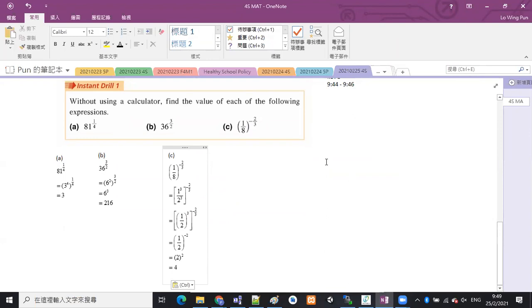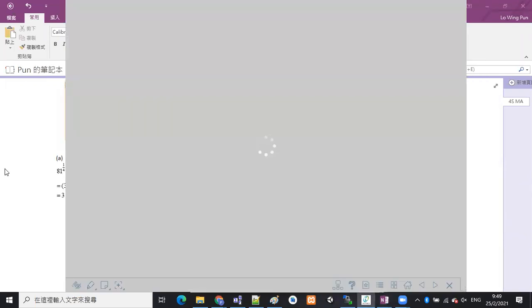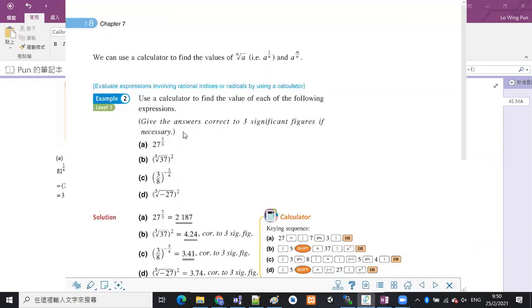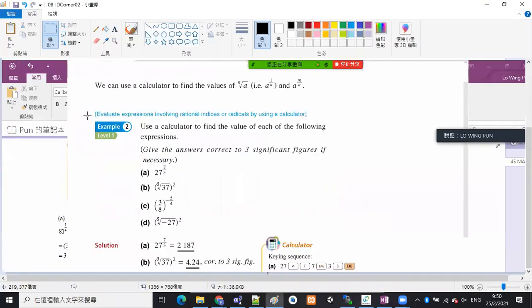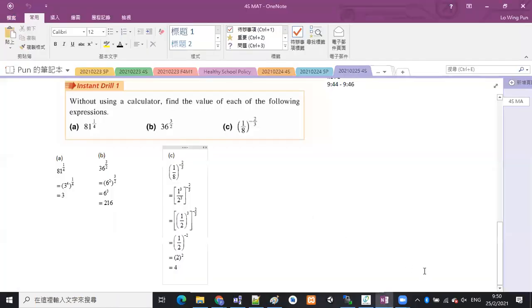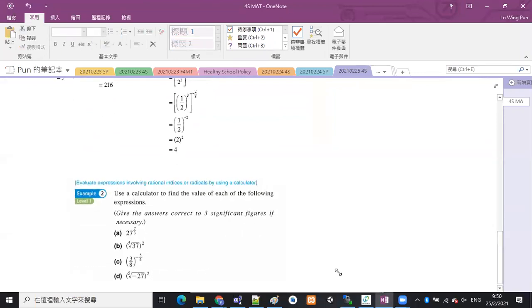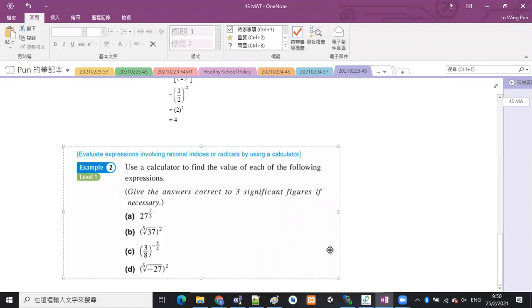Let me see. Most students can do it. Okay, next. I don't have more for now, so let's teach it. Example 2 is just teaching you how to use the calculator. Everyone should know how to use the calculator. Okay, so 27 to the power 7/3. Question asks you to use a calculator. Okay, and if you have a calculator, you will find that there's a button like this. Okay, the up arrow pointing upwards.